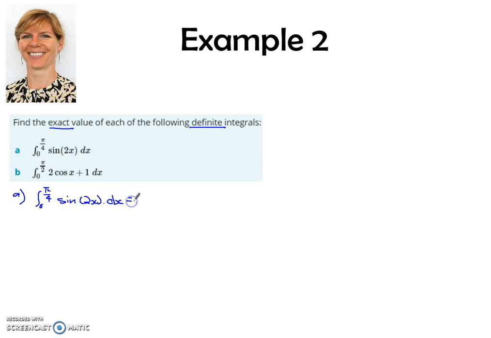The first thing is to get the integral there, which will be negative half cos 2x, and that's happening over 0 to pi on 4. So we'll have, starting with pi on 4, negative a half cos, and that would be pi on 2, substituting in pi on 4 for x there. Use your brackets, negative a half cos, and that would just be 0.